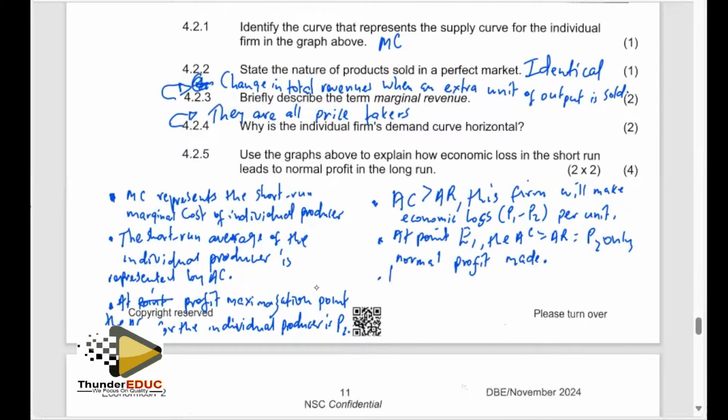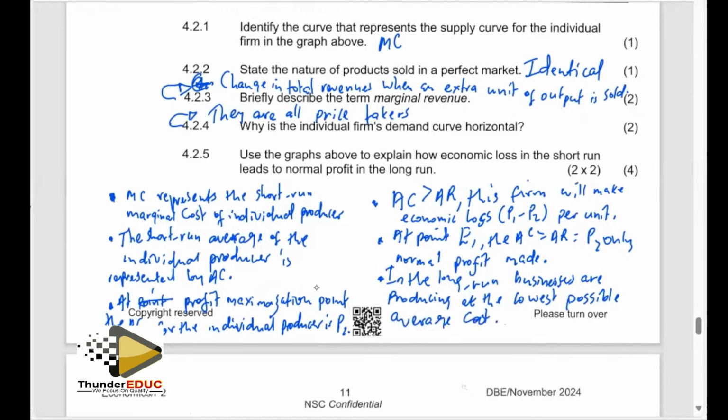And also we are saying that in the long run, businesses are producing at the lowest possible average cost.